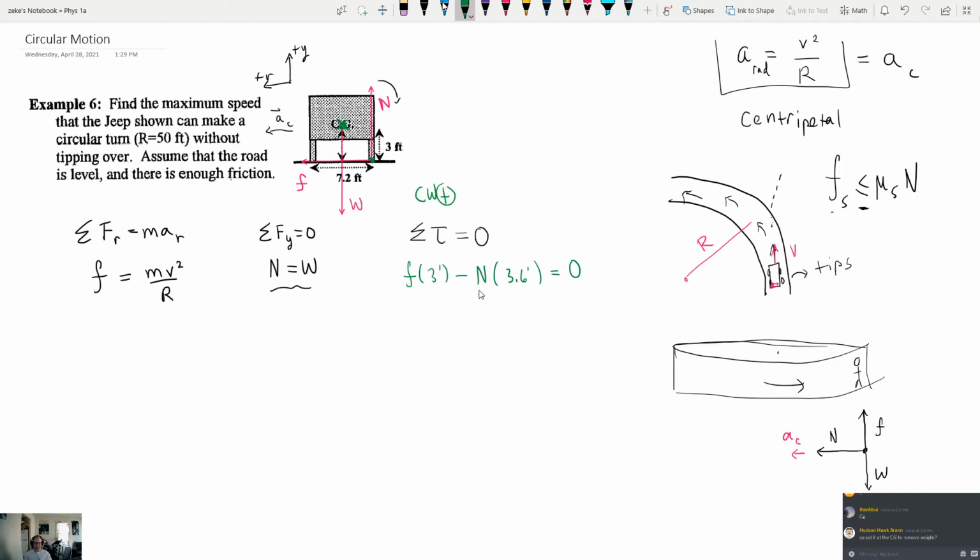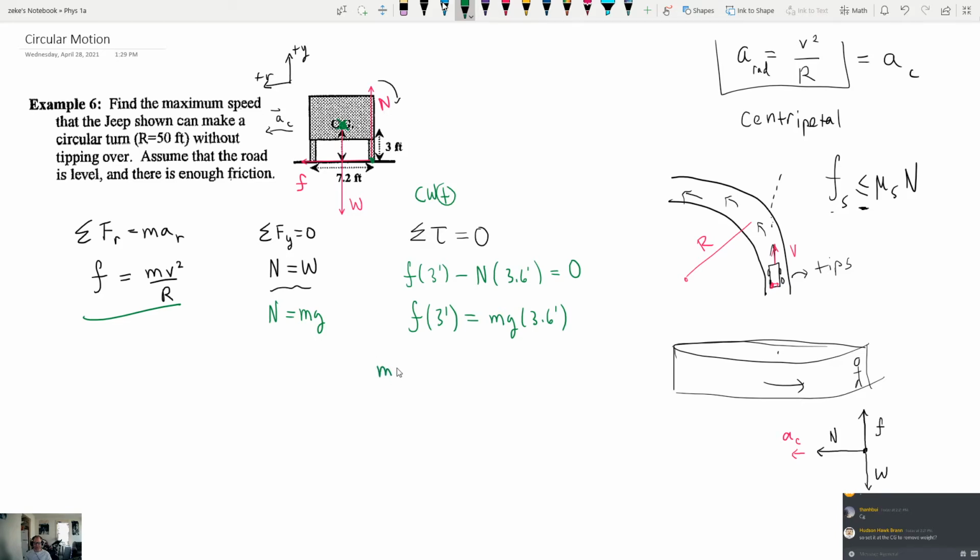I guess we can plug in the weight right here. So N is equal to the weight, but weight is equal to m times g. So what we can do here is we can say F times 3 feet is equal to mg times 3.6 feet. And then we can use this equation to replace the friction force.